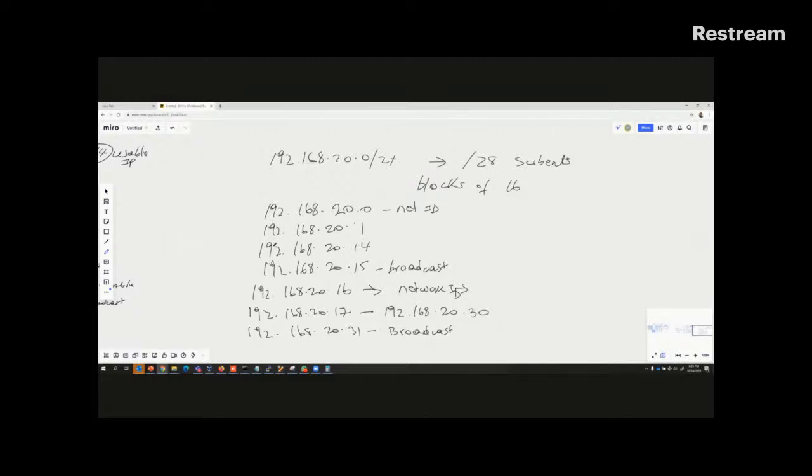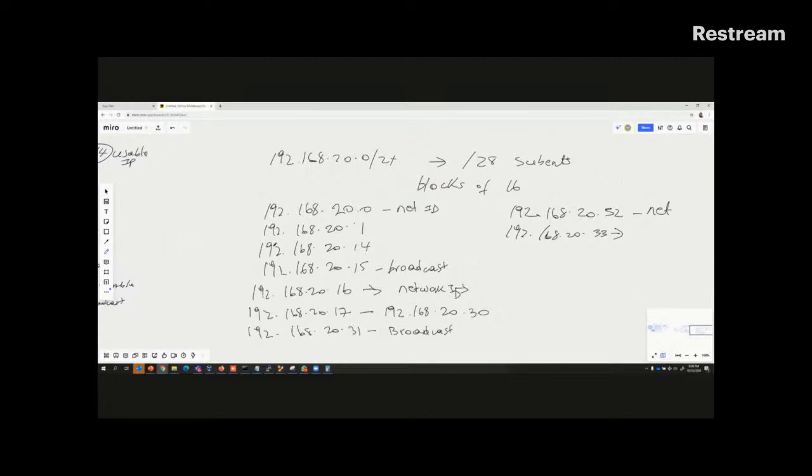Now we have the new network, 192.168.20.32, which is the net ID. The first usable would be 192.168.20.33. And you got it, guys?